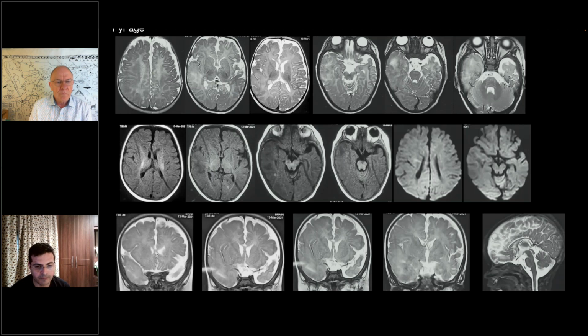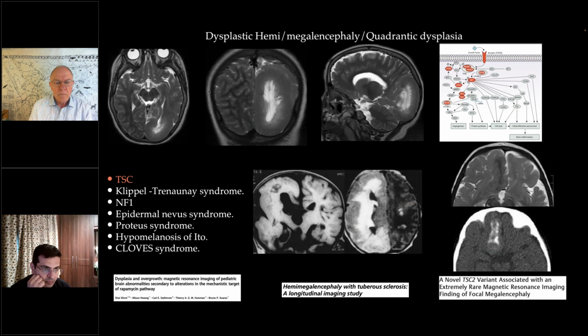No subependymal cysts, no cortical tubers, but just that predominant right-sided temporal and frontal hemimegalencephaly type of pattern. So based on the imaging, you can term it as a hemimegalencephaly or a quadrantic dysplasia, and they're usually known to occur due to mTOR pathway abnormalities. They can be associated with various syndromic associations. Tuberous sclerosis and tripple P... are the more common causes.